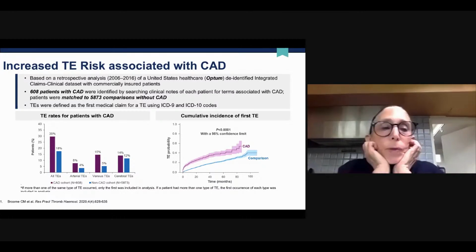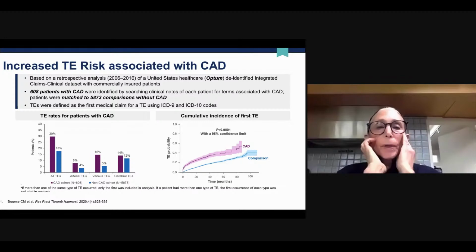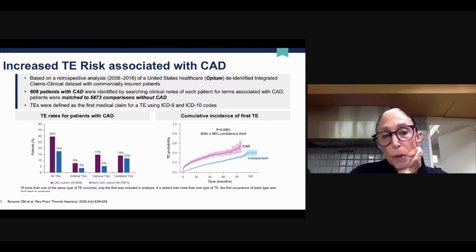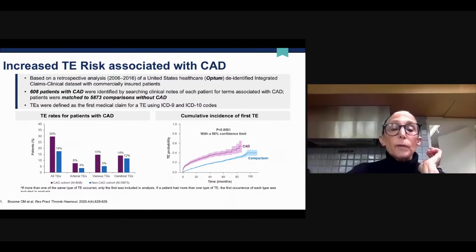Now, another interesting thing is that there is an increased risk of thromboembolic complications with cold agglutinin disease. We don't usually talk about that, but we know that in other immune-mediated hemolytic disorders and other hemolytic disorders such as PNH, complement-driven hemolytic disorders, there's an increased risk of thromboembolic events.